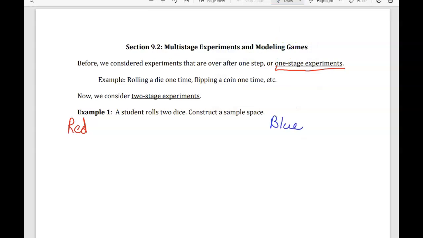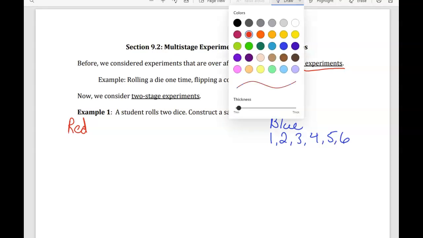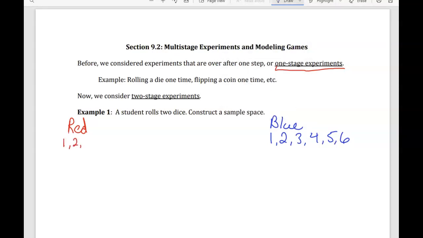On the blue die, we have the options of getting a 1, 2, 3, 4, 5, or 6. And on the red die, we also have 1, 2, 3, 4, 5, or 6. So if you think about the sample space, on each of these 1 through 6, I can actually get each of these values.